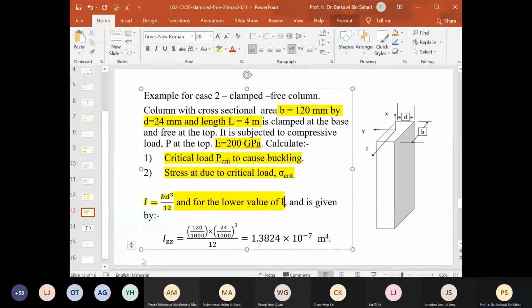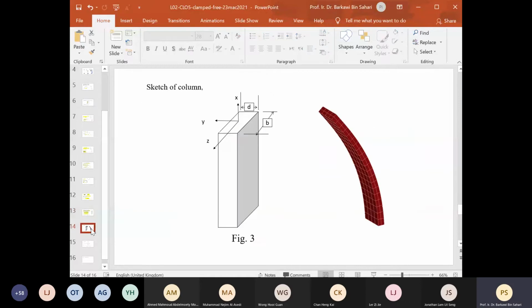Now, this is how it buckles. You still remember the simulation? So it will buckle along the thinner section. This is the thinner section.